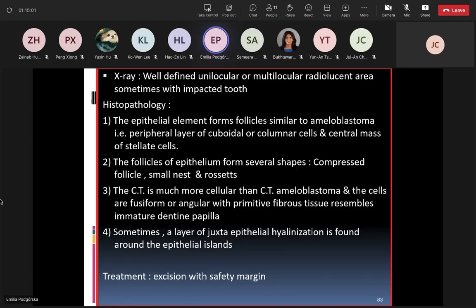The follicles of epithelium form several shapes: compressed follicles, small nests, and rosettes. The connective tissue is much more cellular than in ameloblastoma, with fusiform or angular cells and primitive fibrous tissue resembling immature dental papilla. Sometimes a layer of juxtaepithelial hyalinization is found around the epithelial alveoli. Treatment is excision with a safety margin.